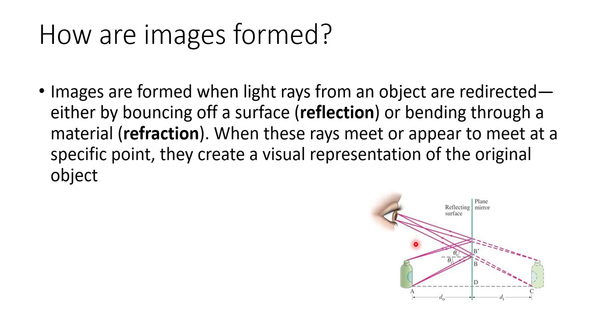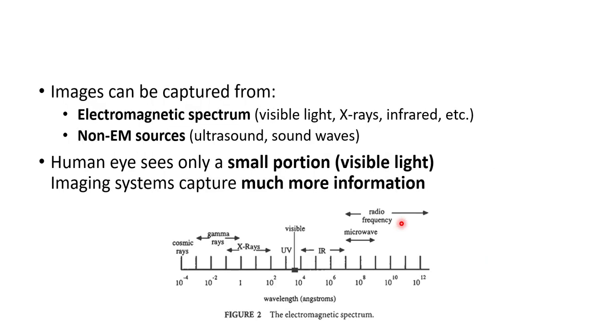Because it is reflected, it reaches our eye, and then the visual cortex in our brain helps to create the image, which is then perceived by the brain. This is how a human eye perceives images.